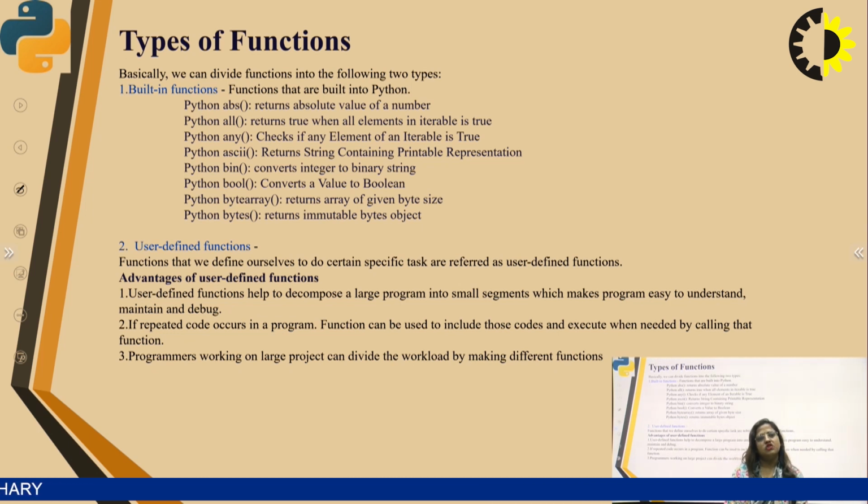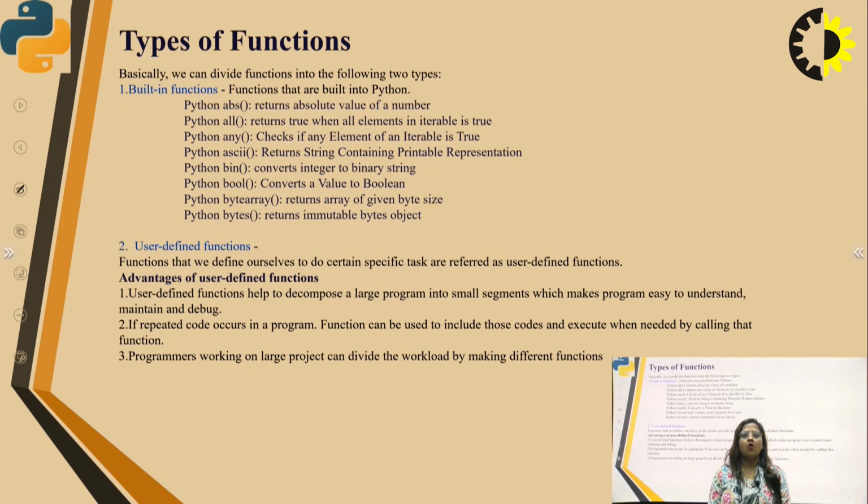The Python any function checks if any element of an iterable is true. Fourth one is ascii, which returns a string containing a printable representation. Fifth one is Python bin. Python bin converts an integer value into a binary string. Sixth one is Python bool, which converts a value to a boolean.